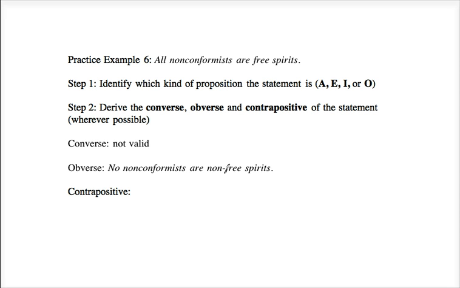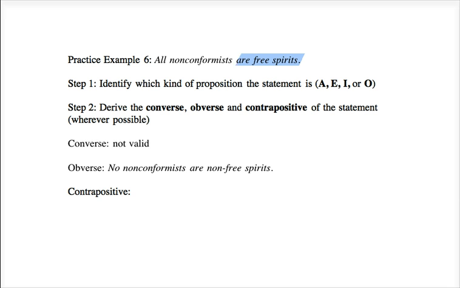So we end up with the statement, no nonconformists are non-free spirits. And now we have both a class complement in the subject position and a class complement in the predicate position. But that's fine because we started with a class complement in the subject position.